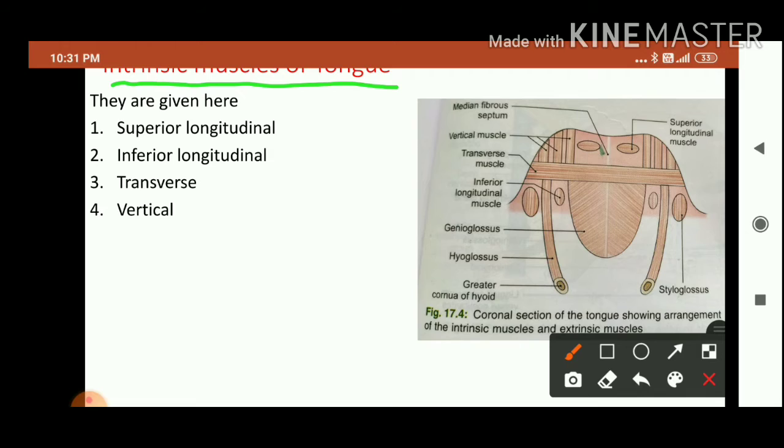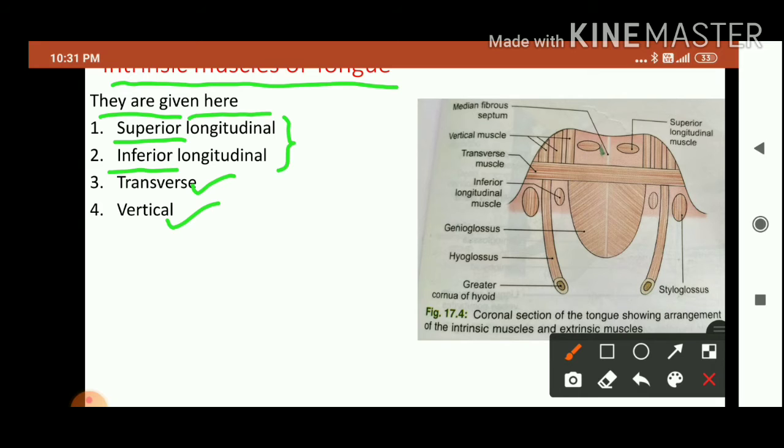Now first we come to the intrinsic muscles. Always remember that the intrinsic muscles comprise two longitudinal, one transverse and one vertical. The two longitudinal muscles are the superior and inferior longitudinal, present along the length of the tongue, one superiorly and one inferiorly. The transverse muscles are present at 90 degrees, perpendicular to the longitudinal muscles, in the same plane.